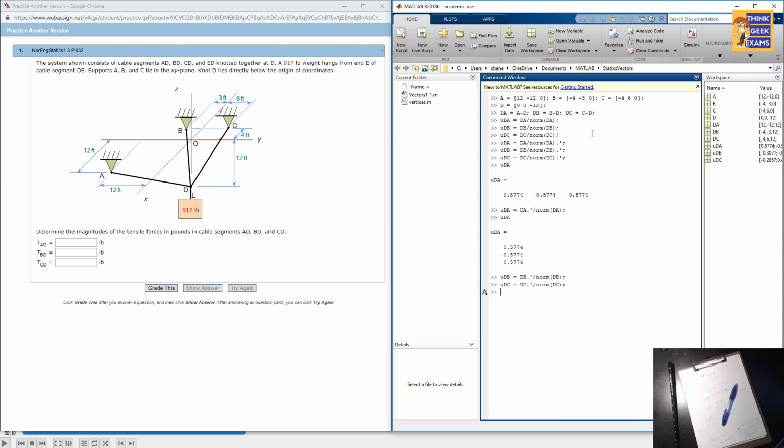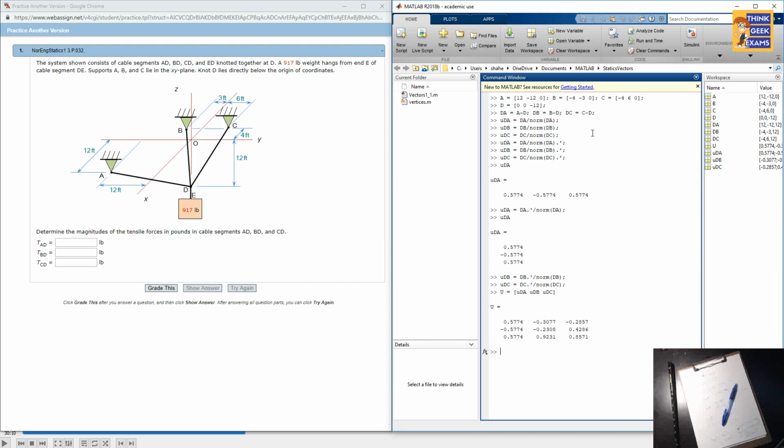Okay, now we're ready. So I'm going to form, column by column, a 3x3 matrix, with each column being a unit vector. So U, DA, U, DB, and U, DC, forming a matrix like so.